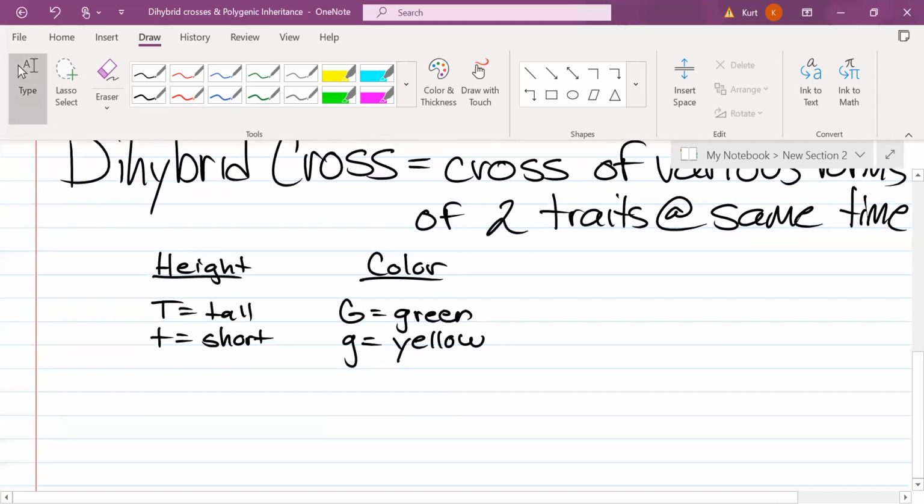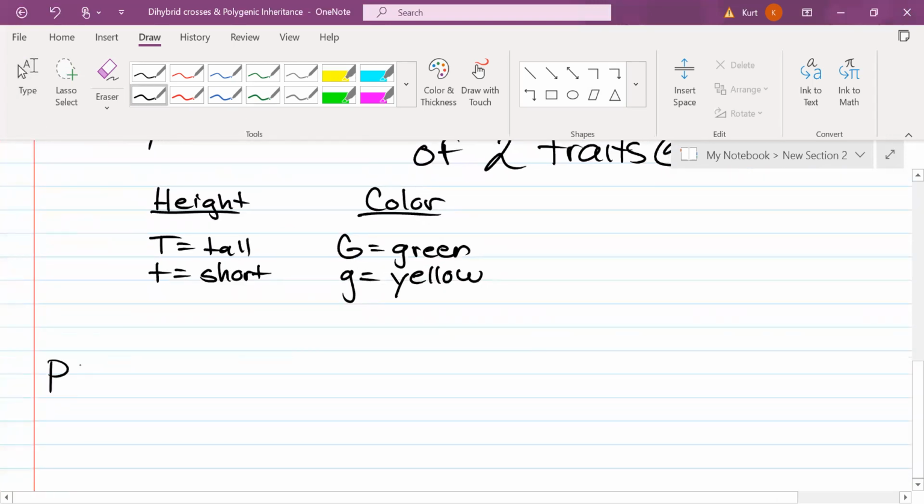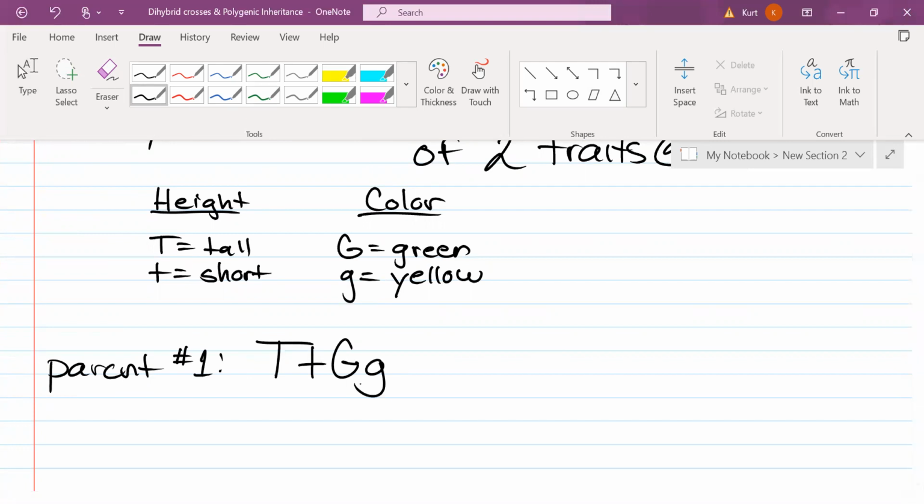Okay. So we're going to have parent number 1 look like this. What would you call the genotype of this parent? Anybody want to take a shot? Yeah. You would say heterozygous, heterozygous, or you could just say a true heterozygote because they're heterozygous for both.